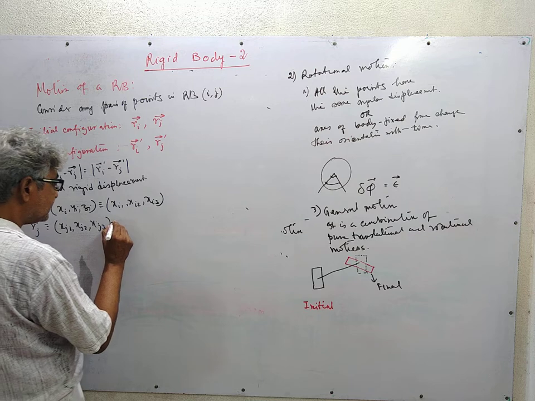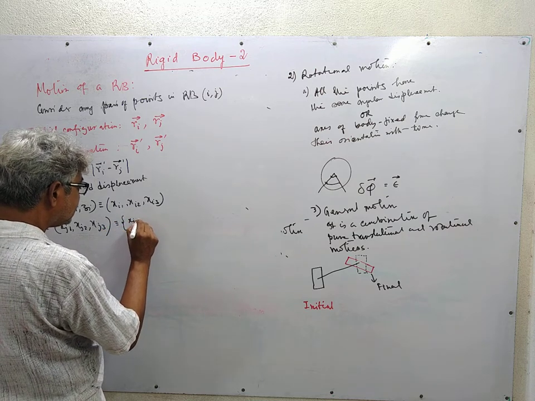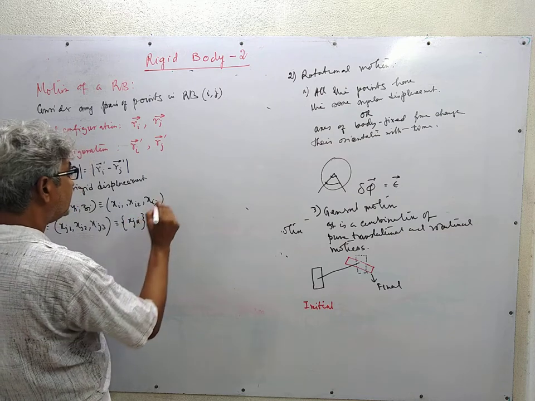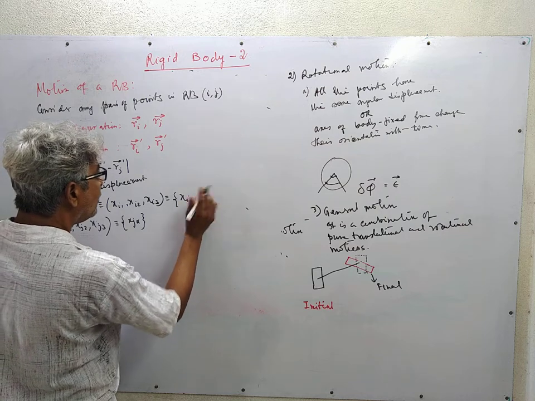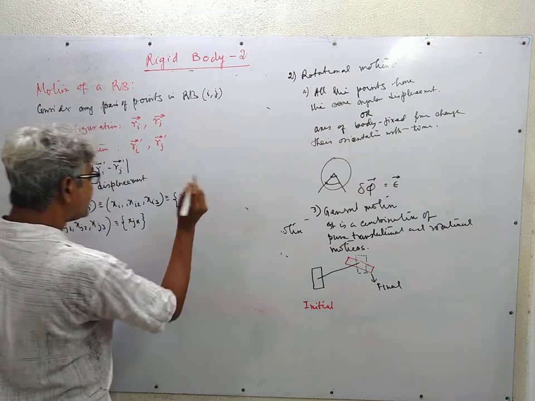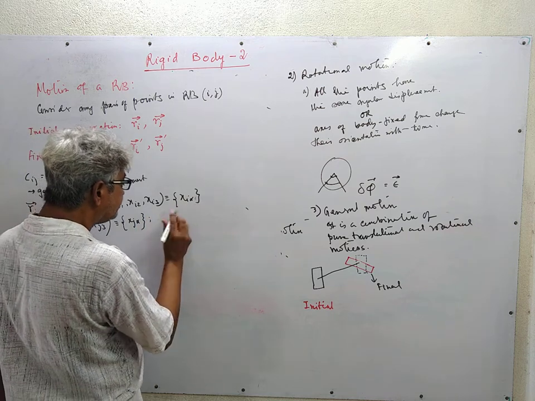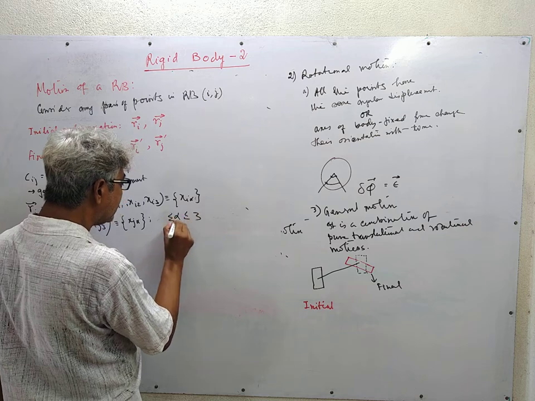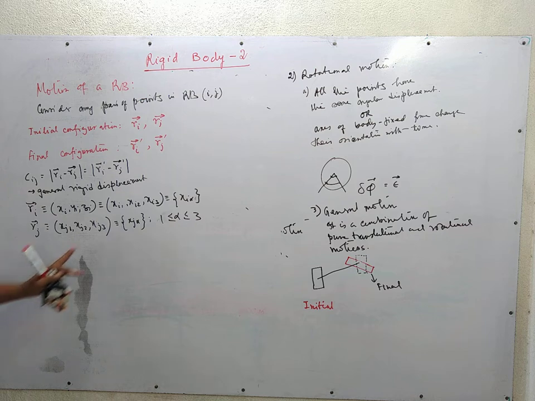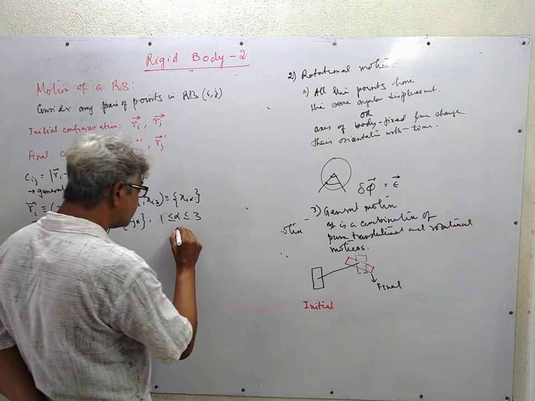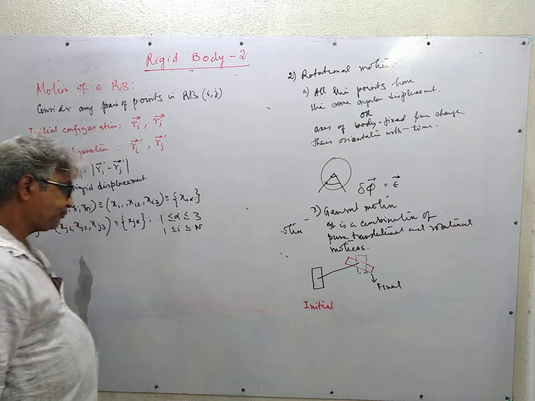In general, this is written as the set of xj alpha, and this is written as a set of xi alpha, where alpha ranges from 1 to 3. So alpha is an integer from 1 to 3. And I runs over the number of particles of the rigid body.